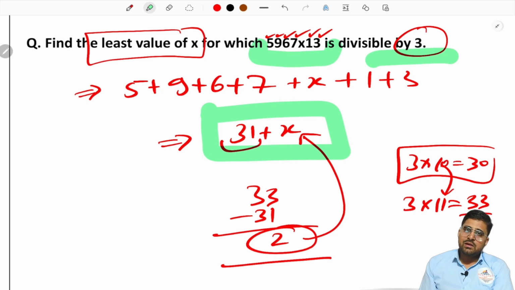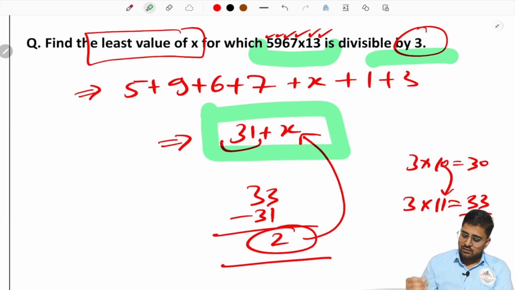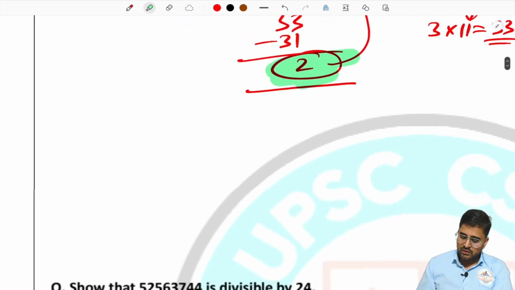In 3's table, at 10, 3 into 10 we get 30. The very next number, 3 times 11, gives us 33. So the next possibility is only 33. We have 31. If we add 2, then it becomes 33. So the least value of x is 2. That's the question, a simple one. Let's move to the next one.